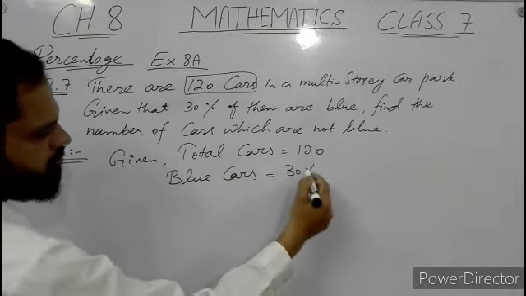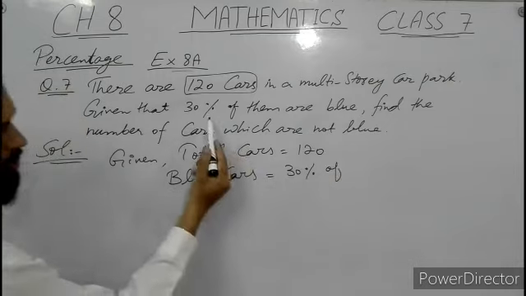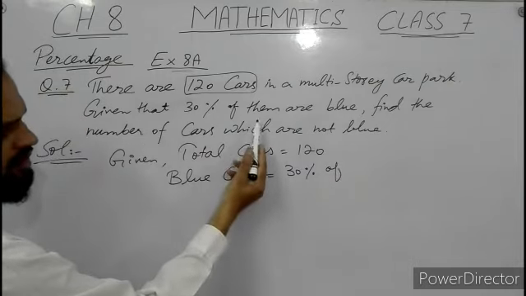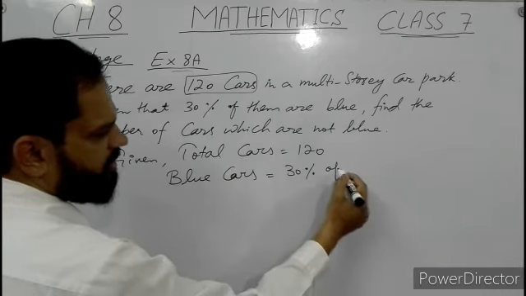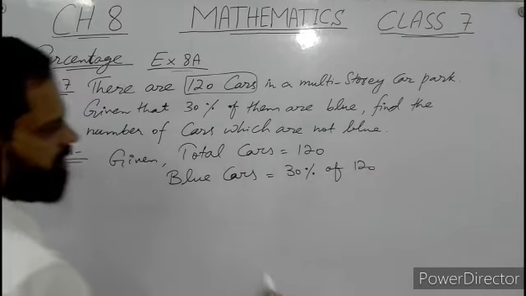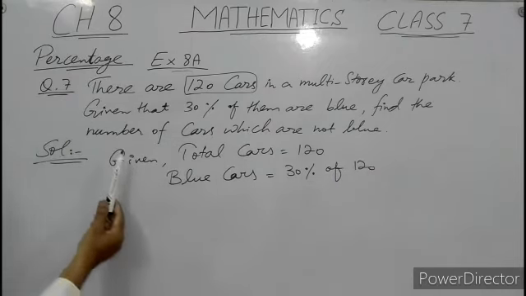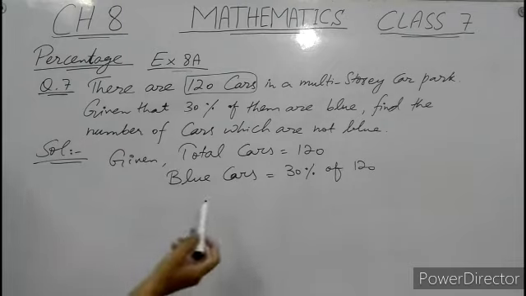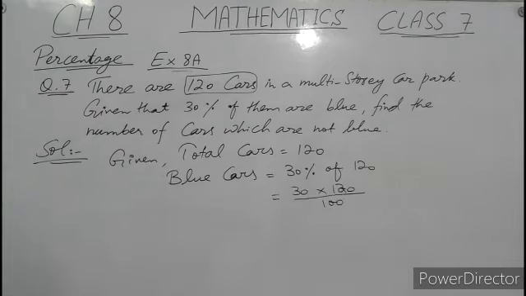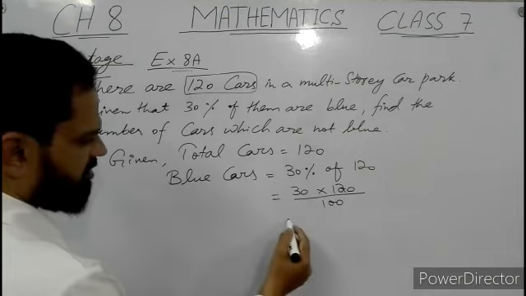30% of them, 30% of 120. We have to find the numbers of cars which are not blue. So firstly we find blue cars. By using calculator, we will get 36.